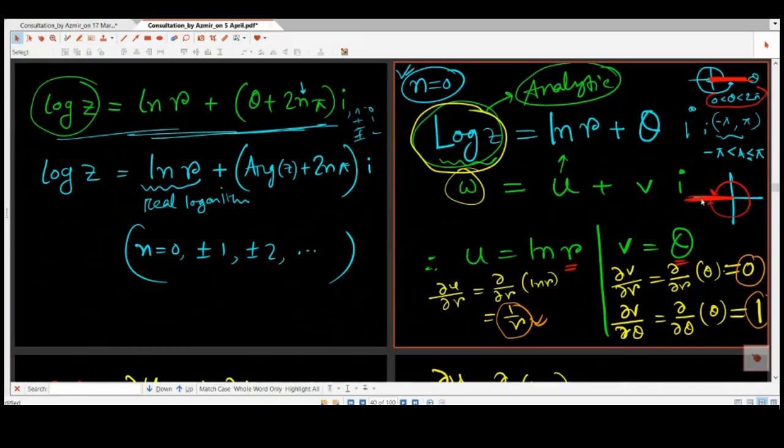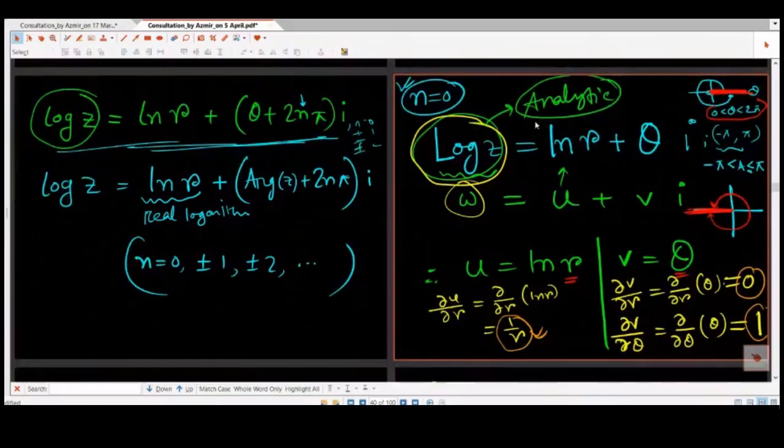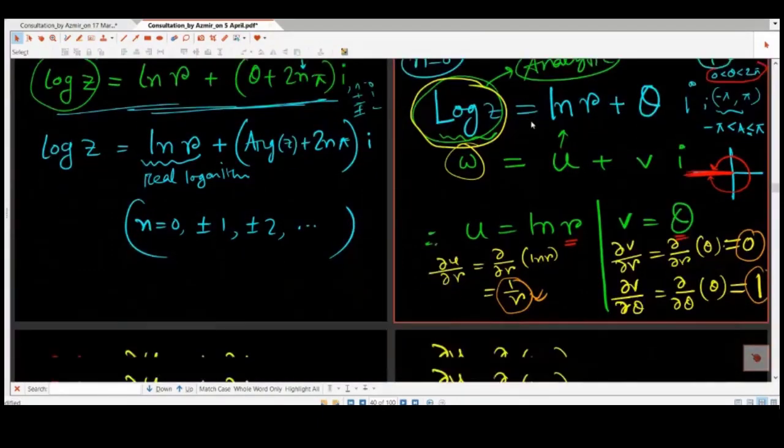Branch cut is a complicated term, but we can think like this: for n equals 0 we get one term, for n equals 1 we get another term, and then we get another angle, another restriction. So we can say that any single valued function is analytic.